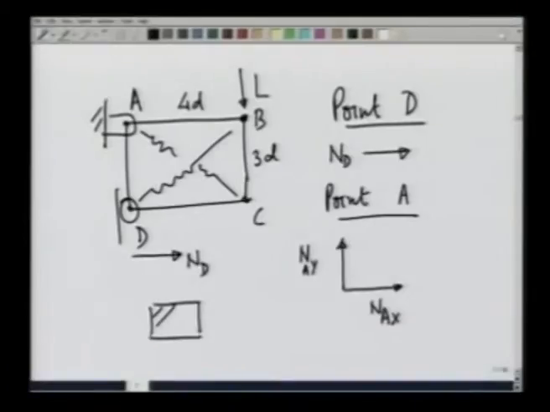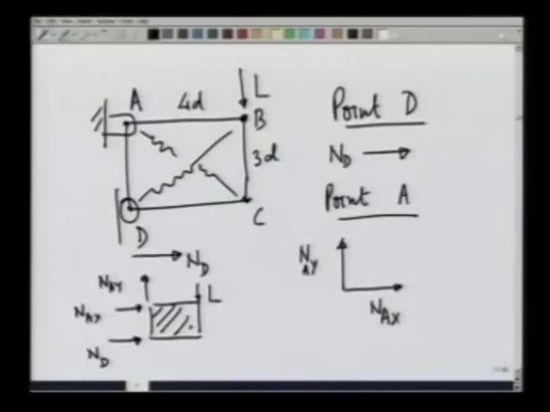So, on the entire system, if I make a free body diagram, there is a load L, a reaction here N D, a reaction here in the vertical direction N A Y, and a reaction here in the horizontal direction N A X. Since there are only three external forces N D, N A X and N A Y, these can be determined very easily. It is a two-dimensional problem.